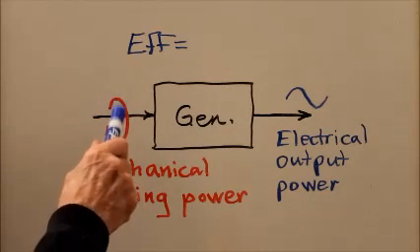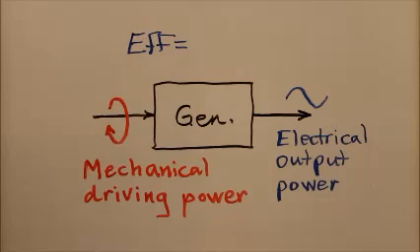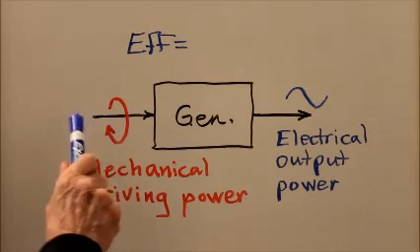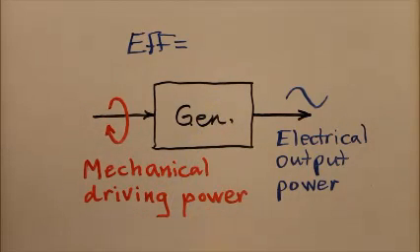Anything that creates a mechanical rotation. A rotating shaft goes into an electromagnetic device which converts that mechanical driving power into an alternating current electrical output with a certain amount of power.